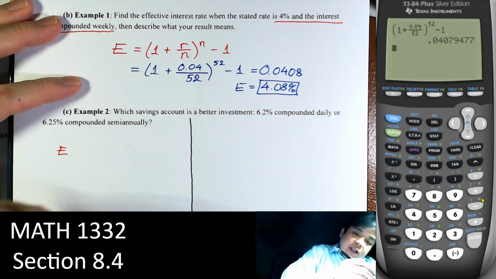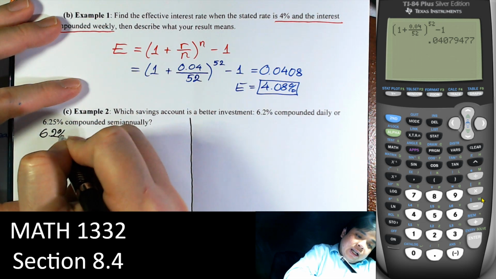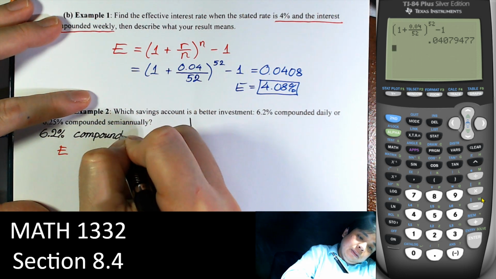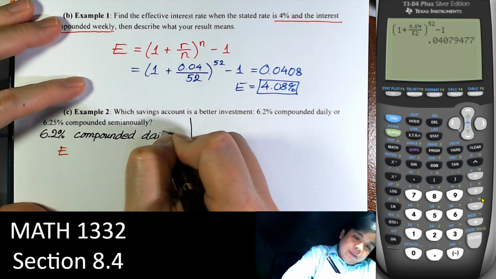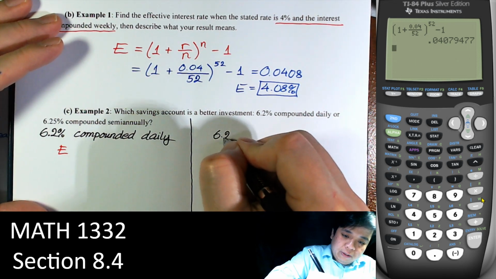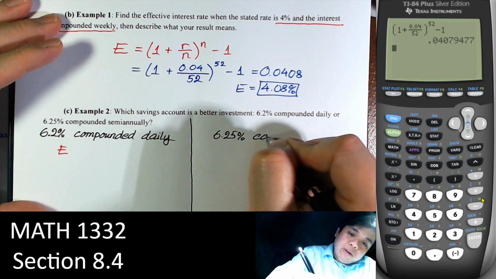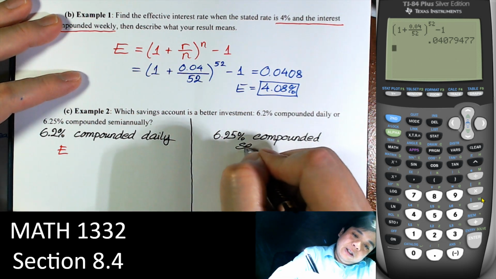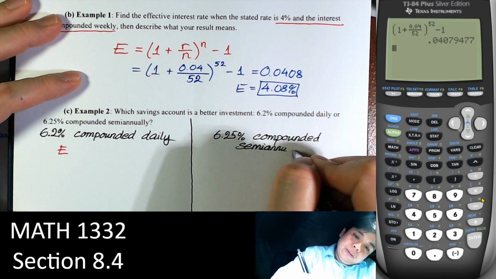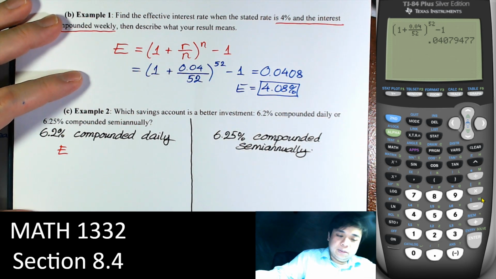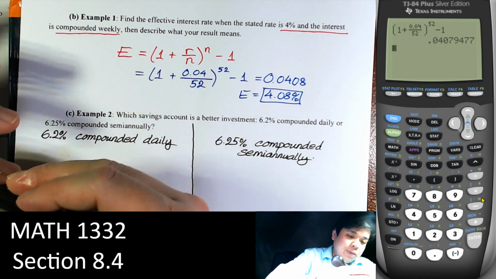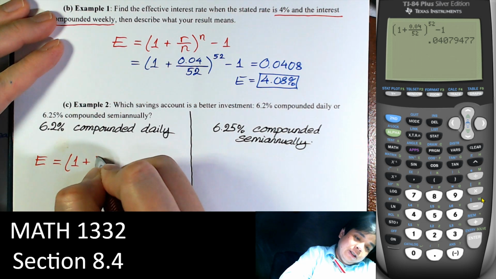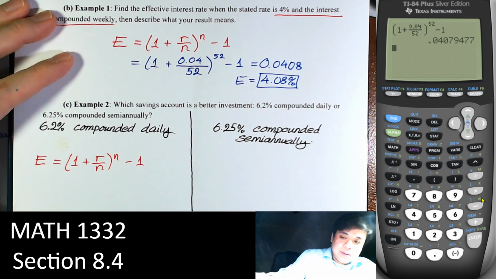Let's write out 6.2% compounded daily, or 6.25% compounded semi-annually. Effective rate.